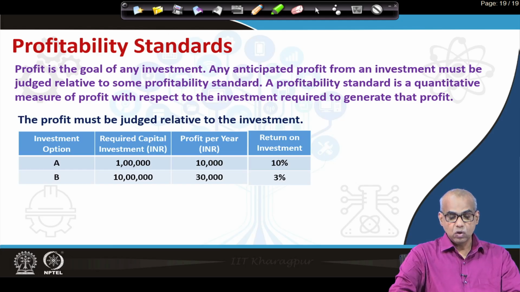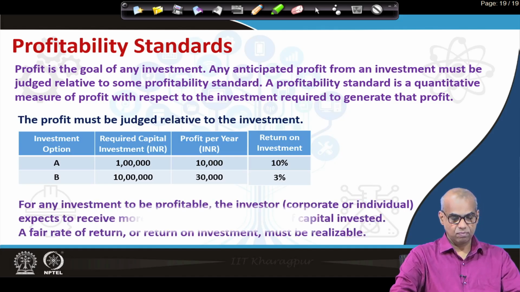Note that we are getting 10,000 rupees per year on an investment of 1 lakh rupees for option A, which gives me a return on investment of 10%, while a profit of 30,000 rupees per year on an investment of 10 lakh rupees for option B gives only 3% return on investment. So, the profit must be judged relative to the investment.